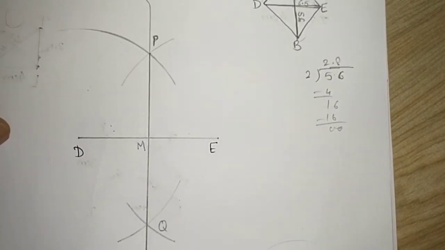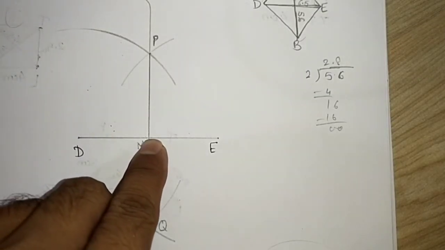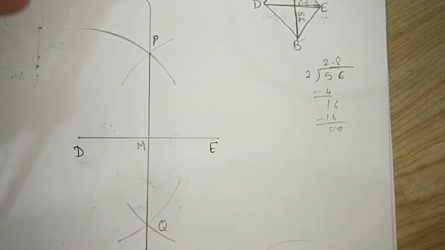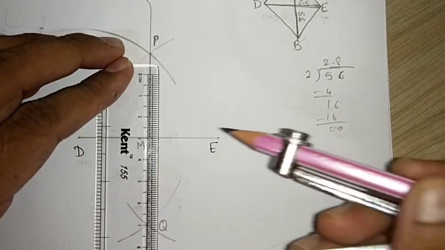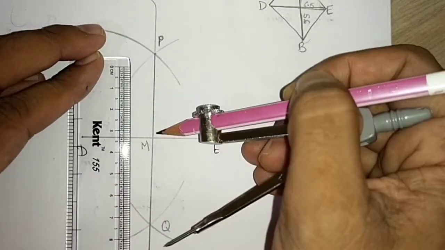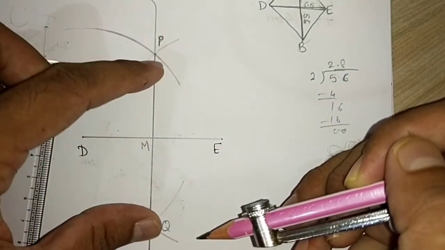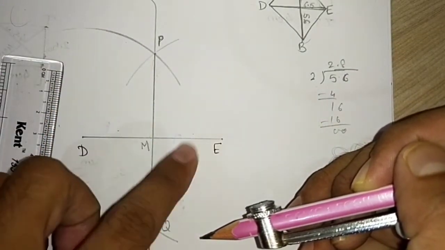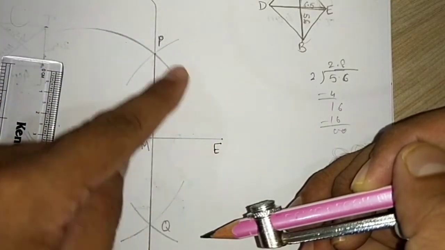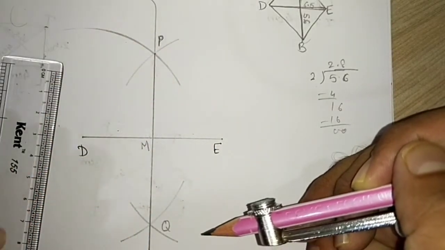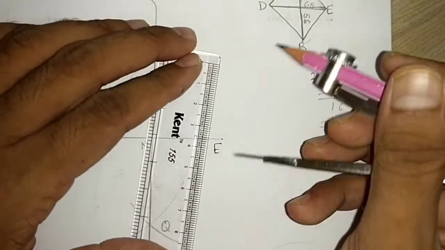Now taking M as a center and radius equal to 2.8, because we want to bisect the two diagonals. If we bisect the two diagonals, then only we will get a parallelogram and we will get a rhombus also. I will tell you how.